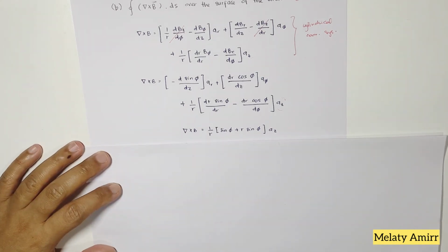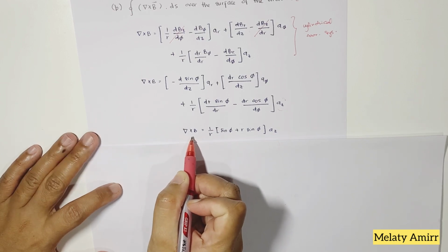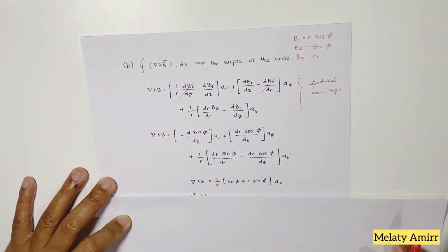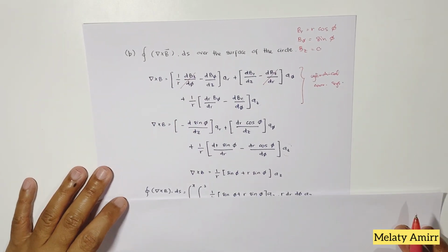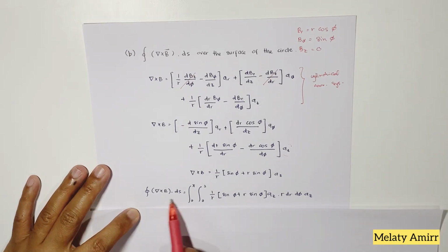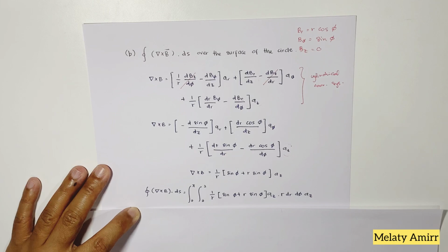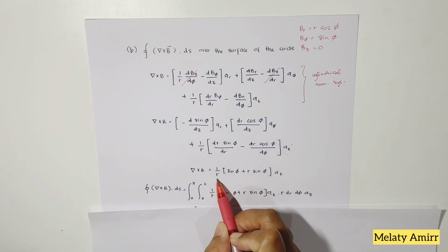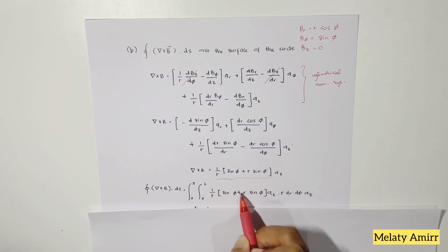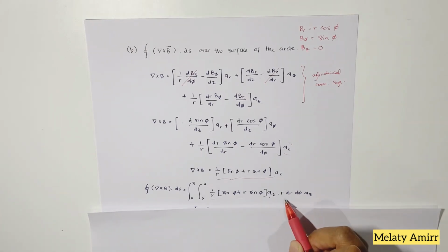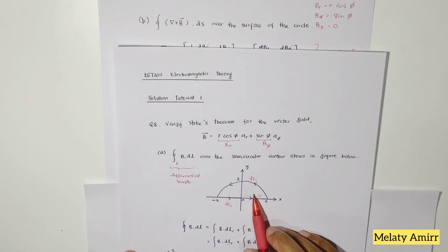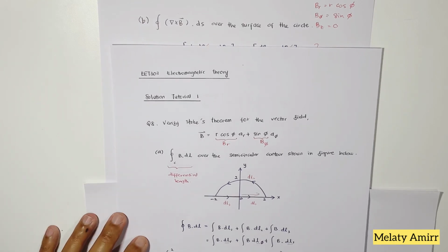So you get del cross B, and then substitute del cross B into this integration. Okay, so you already substituted this one. How about this, ds, the differential surface? We know that this surface is facing towards z.